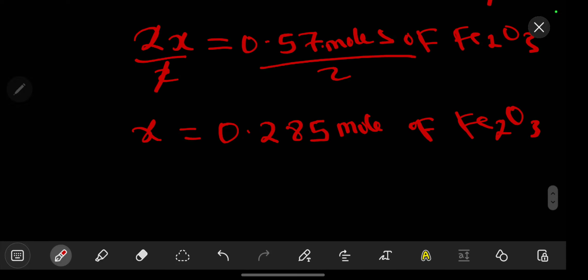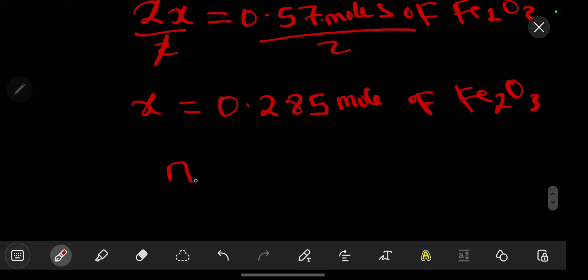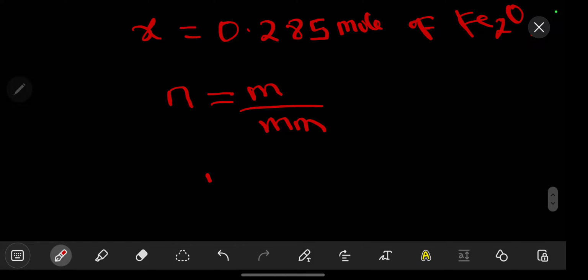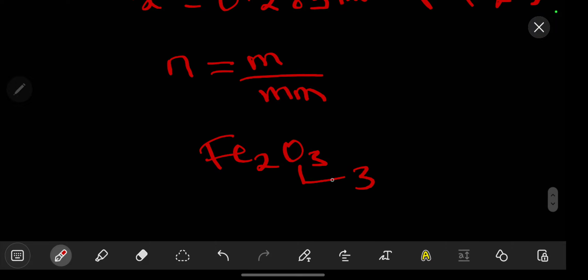If you have the moles, it's easy to find the mass. We know that the number of moles is equal to the mass over the molar mass. Now recall that the molar mass of iron 3 oxide can be calculated as follows. We have oxygen, there are 3 oxygens. We multiply by the molar mass of oxygen, which is 16 grams per mole.